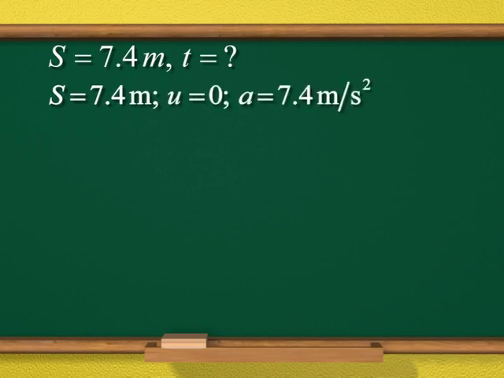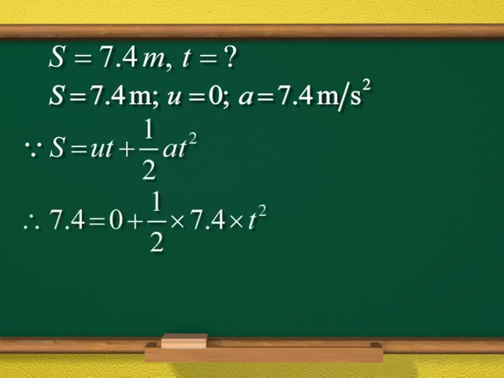On substituting the given values of initial velocity u, which is equal to 0, and acceleration a, which is equal to 7.4 meter per second square, in the position-time relation, we get 7.4 equal to 0 plus half of 7.4 into t square. This would give time t equal to square root of 2, that is 1.41 seconds.